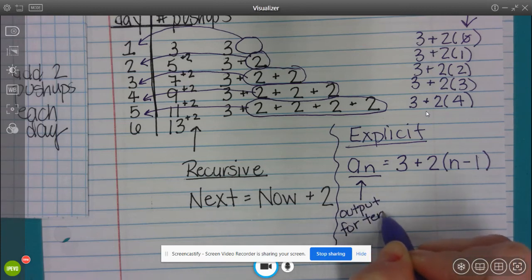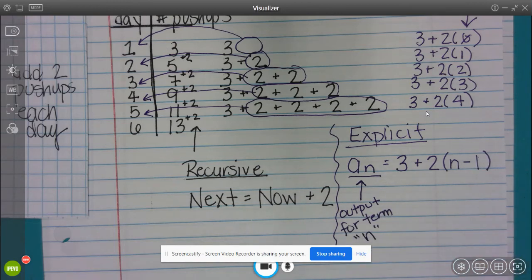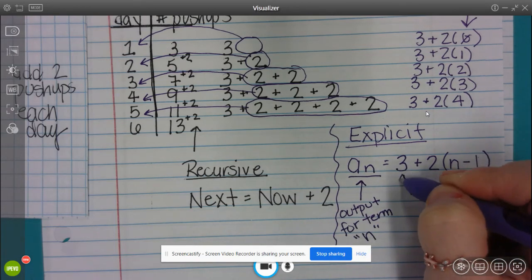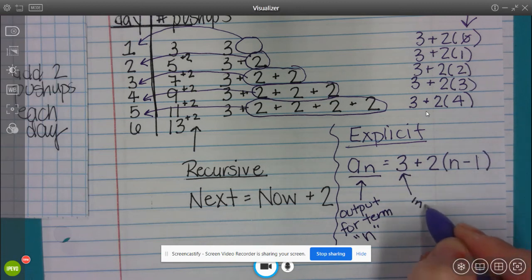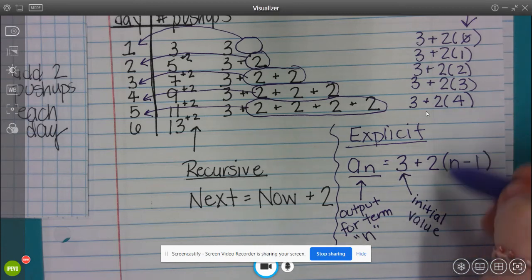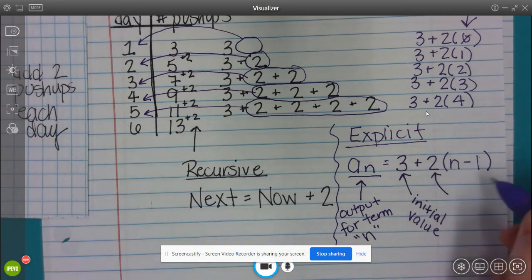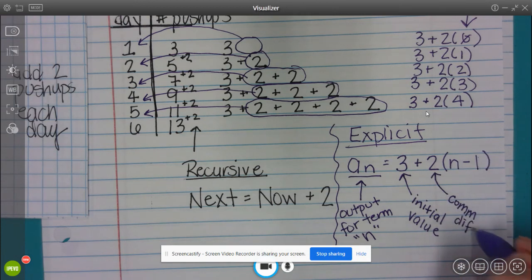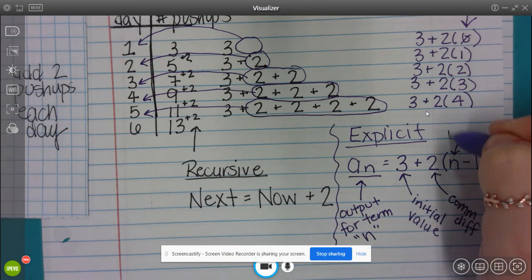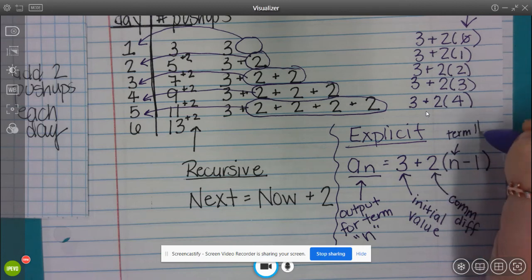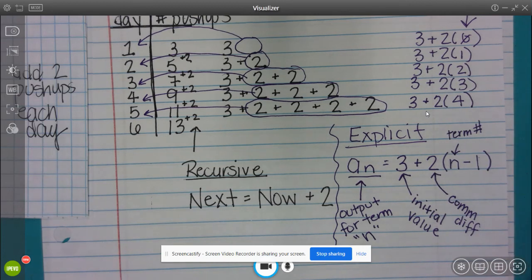For term n, this 3 is called my initial value, because that's the first number of push-ups I had. 2 is my common difference. n is my term number, whatever term number I'm talking about.